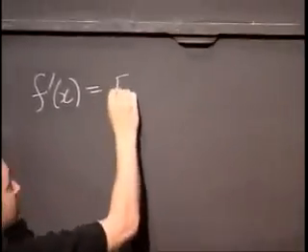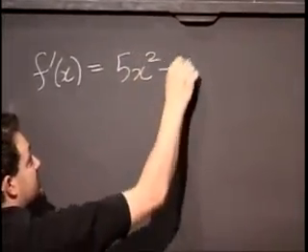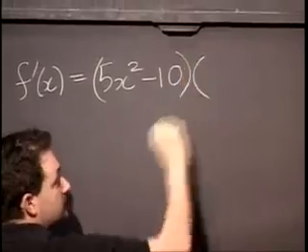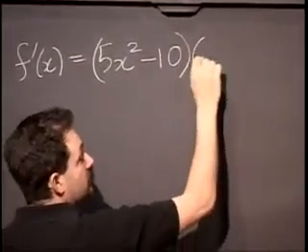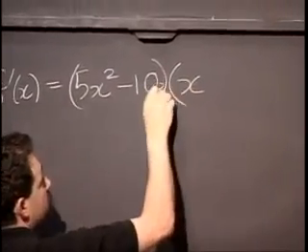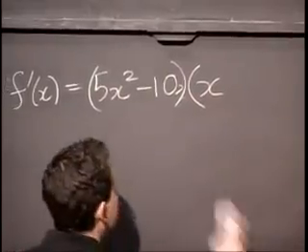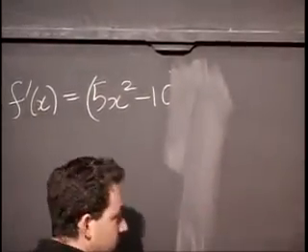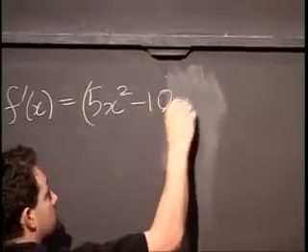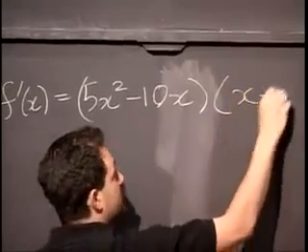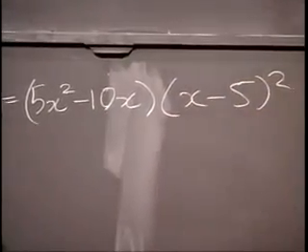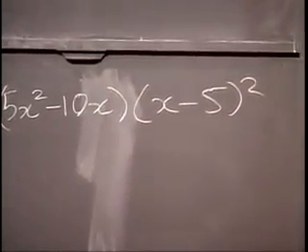So it'll look like 5x squared minus 10x outside of x minus 5 all squared. Okay, let's differentiate this to find the second derivative.